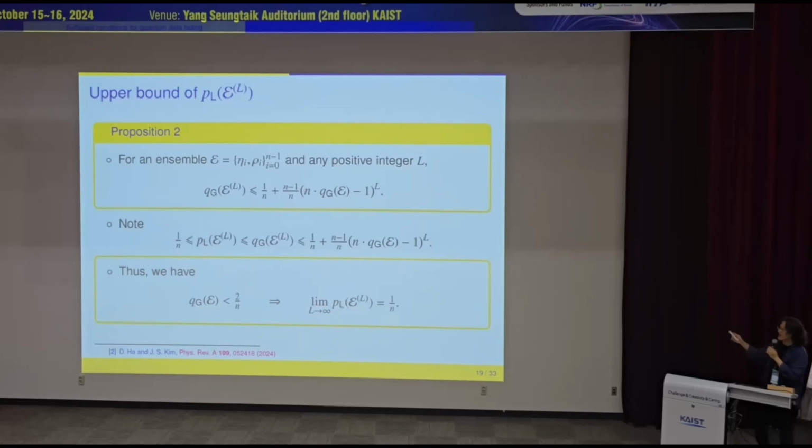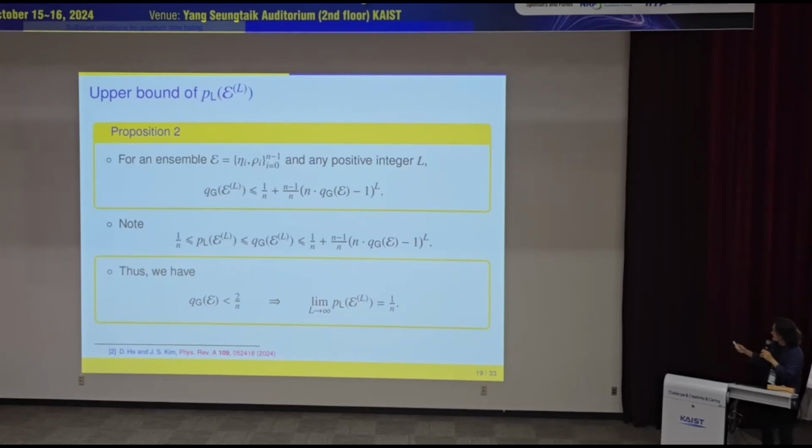This is true for any arbitrary state ensemble epsilon. So to randomize this one, we need to think about the condition where this vanishes. If the term inside this power is strictly less than 1, then it will vanish as L increases. So then we can randomize this quantity, right?